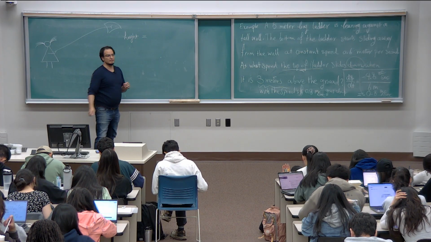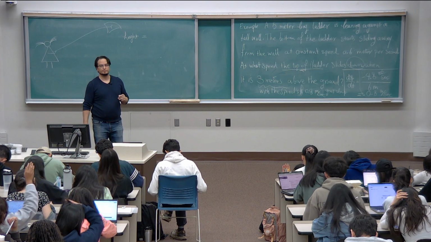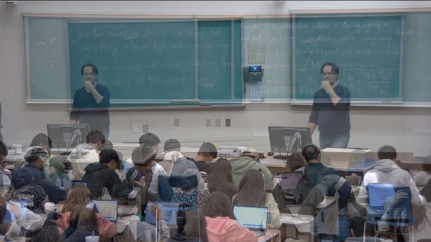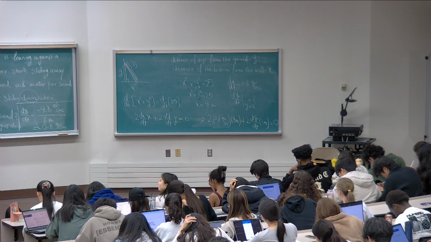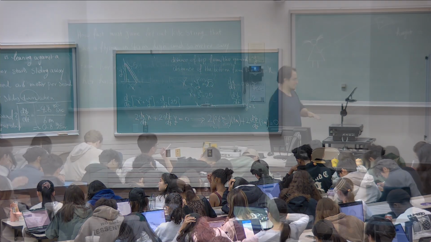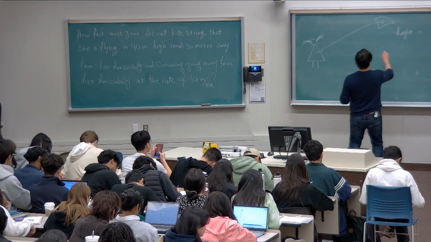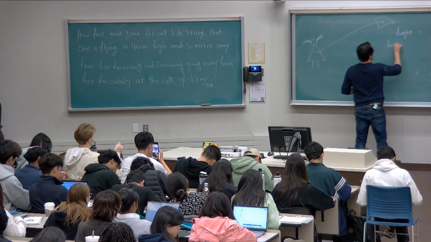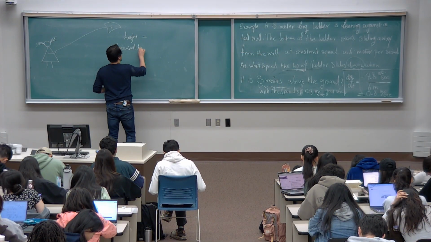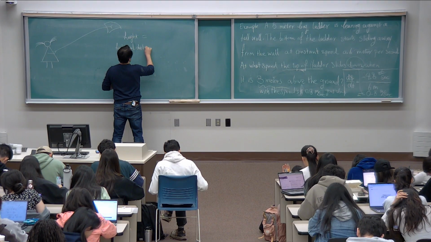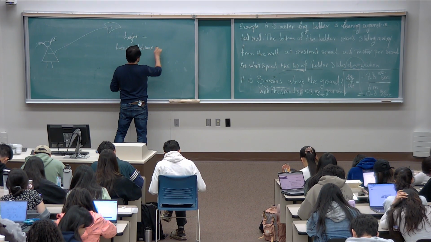Okay, what else? Yes, please. How far it is from you, the horizontal distance. The full writing would be horizontal distance of the kite from the jogger.